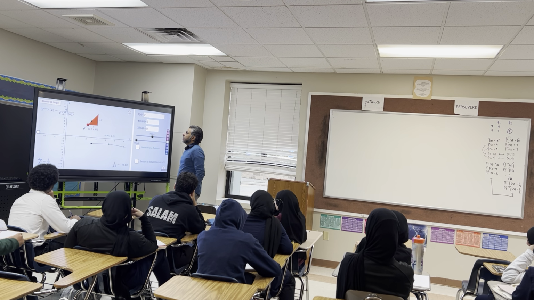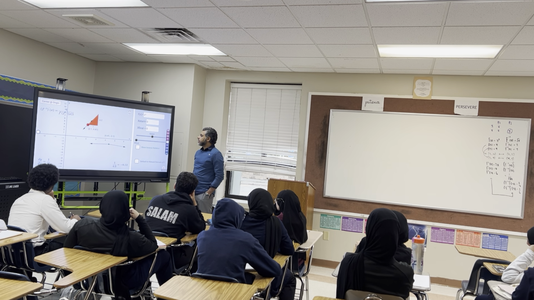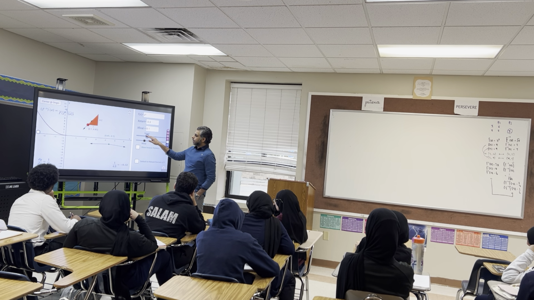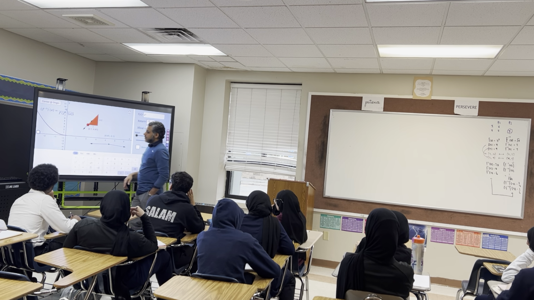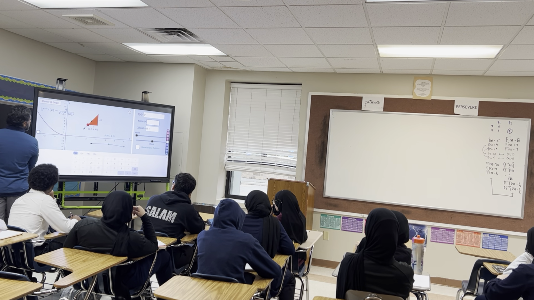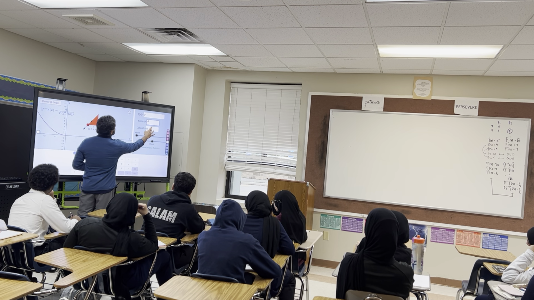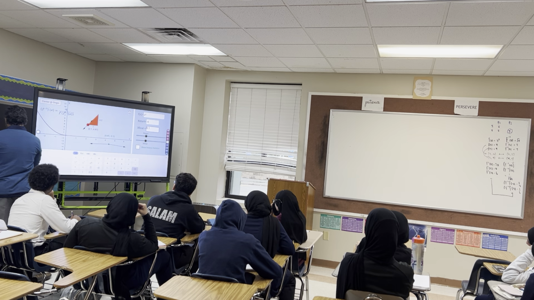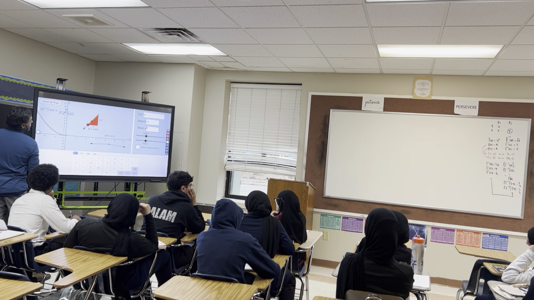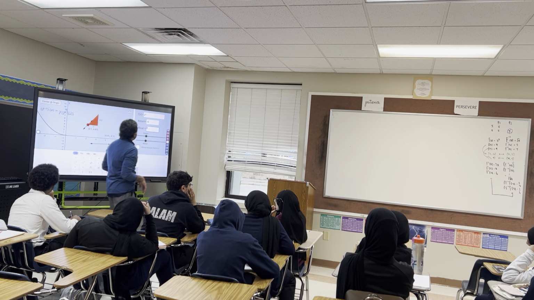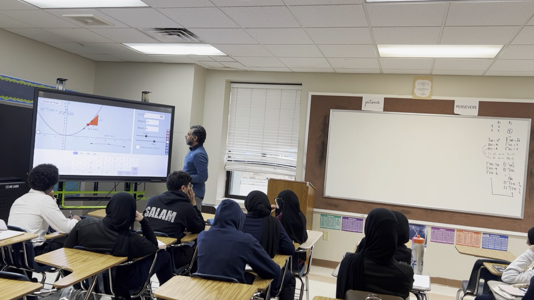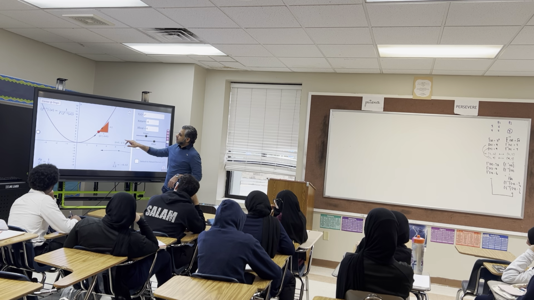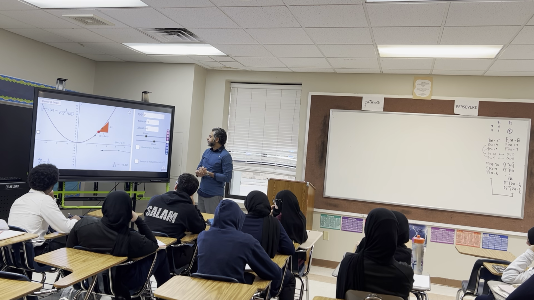So I've got the function f of x is equal to x squared, and I will start from, let's suppose, negative 4 and go until positive 4. So is this what you expected for the graph of f of x equals x squared? Yes or no? Alright, cool.